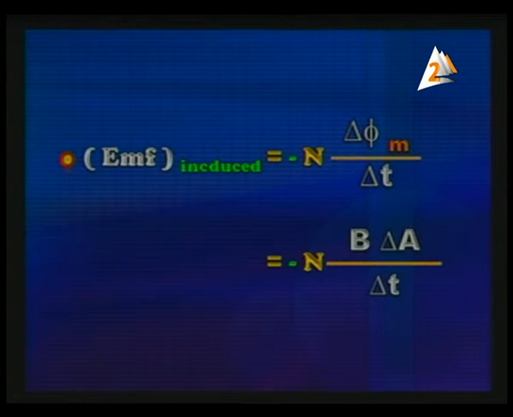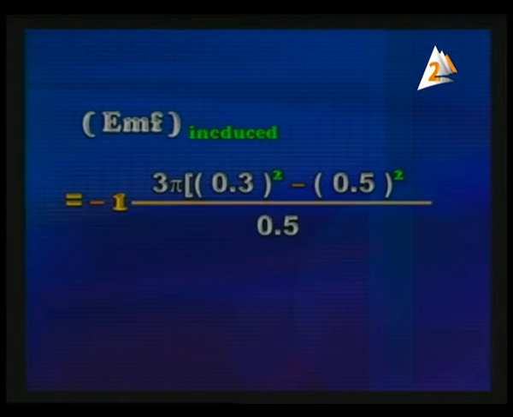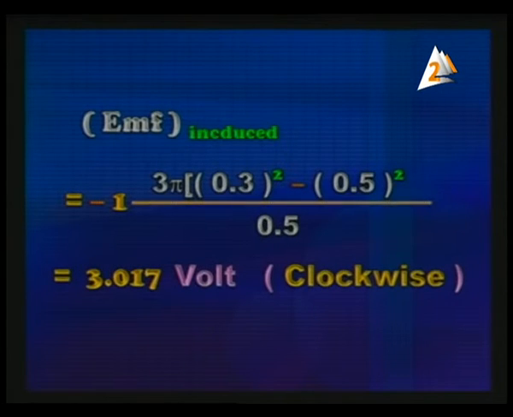So it is equal to negative N B delta A over delta T. It is equal to minus 1, 3 pi between two brackets, 0.3 squared minus 0.5 squared over 0.5. The EMF is equal to 3.017, and its direction, as I said, is clockwise.